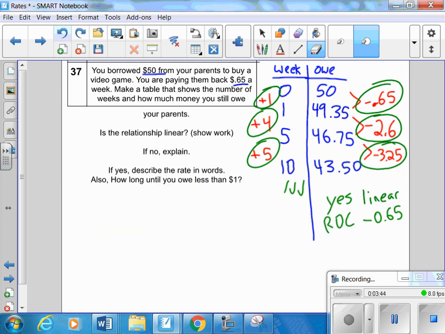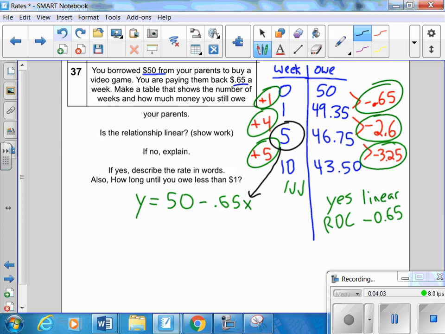And the last thing is describe how long it will be until you owe them less than $1. Okay, so we have an equation here. The equation would be y equals 50 minus 0.65x. If you plug in 5 weeks for x, you're going to have 50 minus 3.25, because 5 times 0.65 is 3.25.